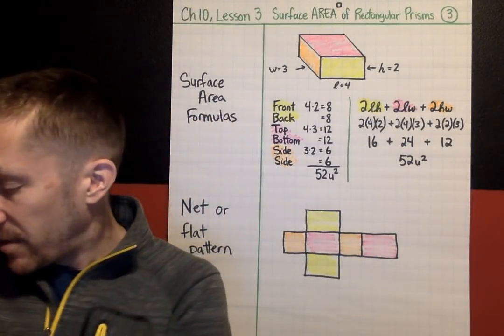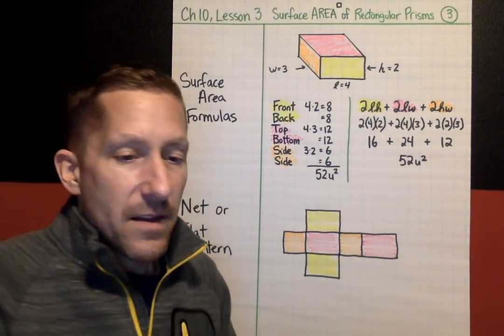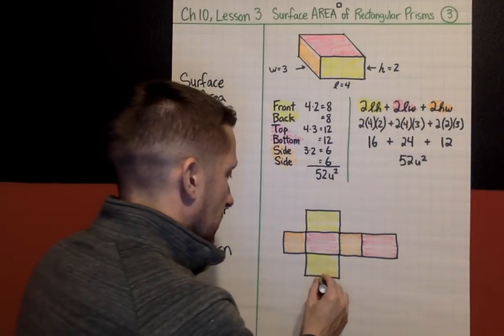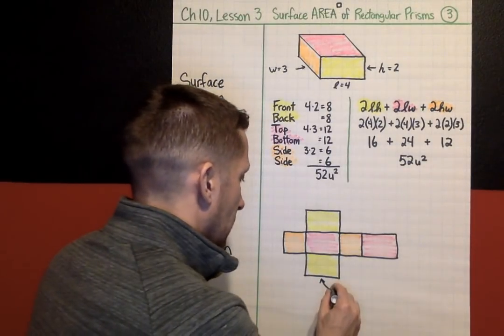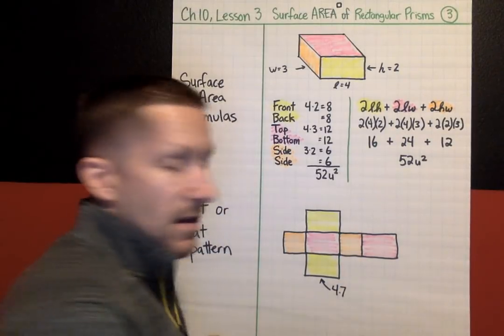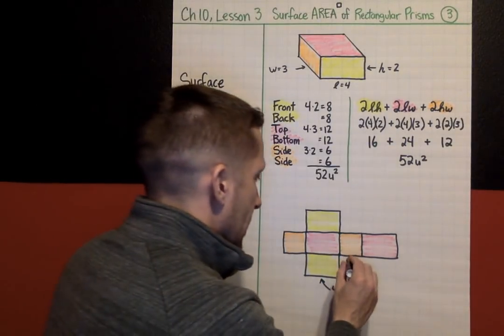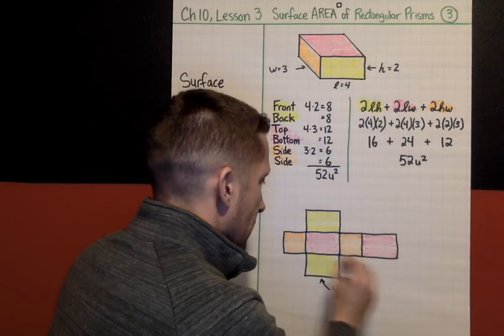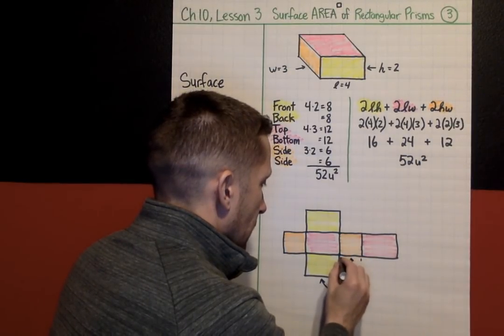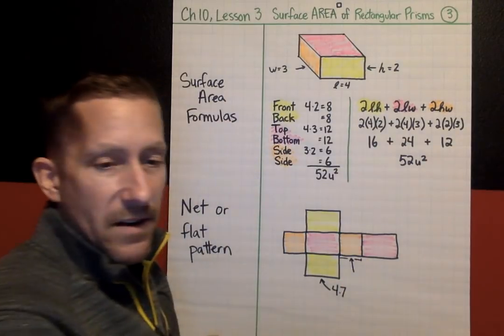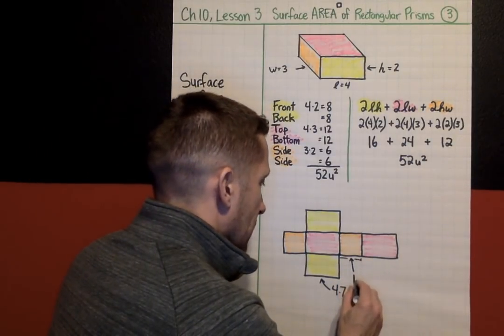So now let's label some dimensions on this and talk about it. You only need 3 dimensions. This line right here we could say is 4.7. This line right here, from here to here is 1.5.